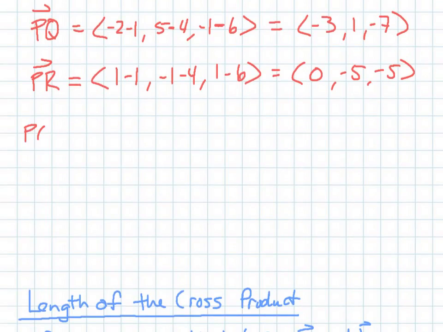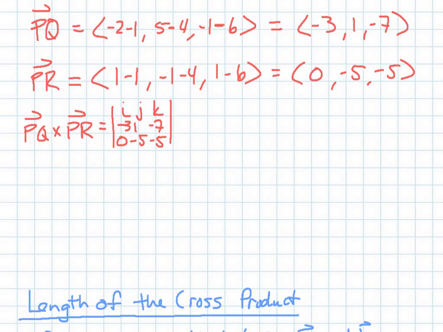So I, J, K, negative 3, 1, negative 7, 0, negative 5, negative 5. Okay? So first one for I would be 1 times negative 5 minus a negative 5 times a negative 7.